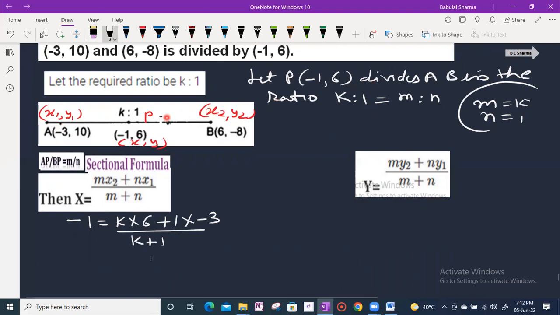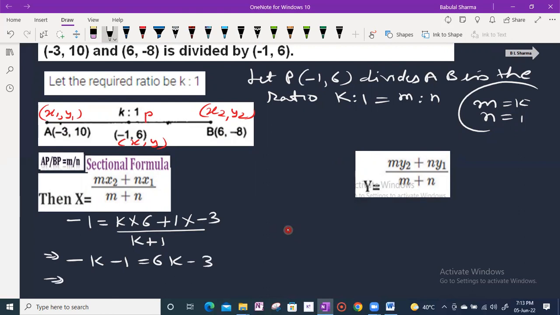देखिए, x is -1, m is k, x2 is 6, n is 1, x1 is -3, then m plus n, that is k plus 1. On cross multiplication, -k - 1 is equal to 6k - 3.